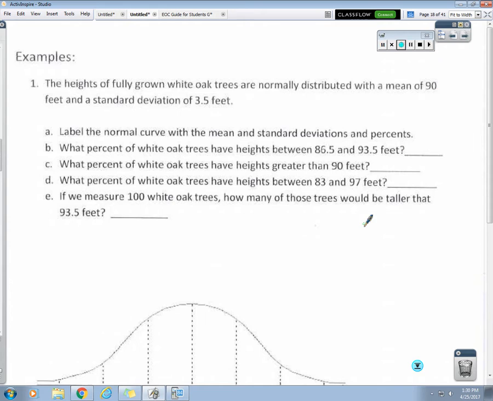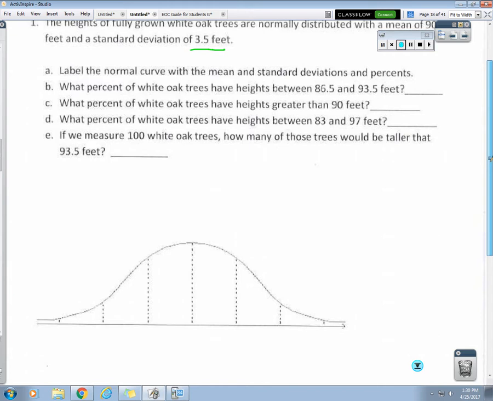The heights of fully grown white oak trees are normally distributed with a mean of 90 and a standard deviation of 3.5 feet. Label the normal curve with the mean and standard deviations and percents. So what do I put first and where? Right, your mean is 90 and it goes in the middle. Then how do I get these numbers? Correct.